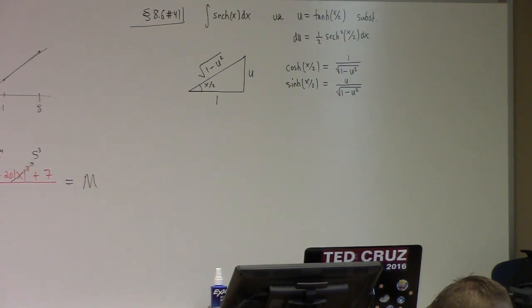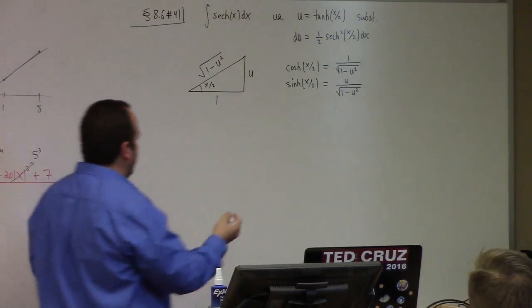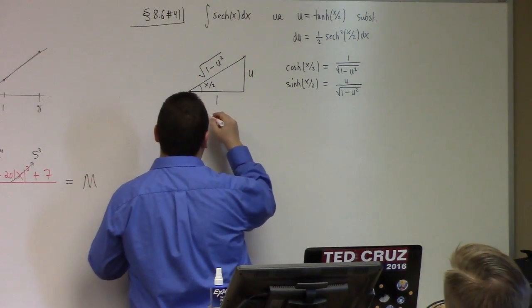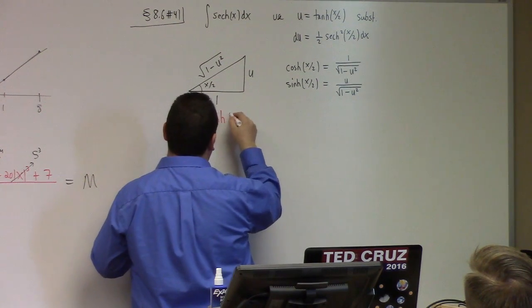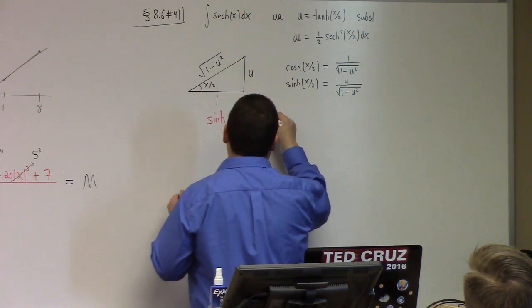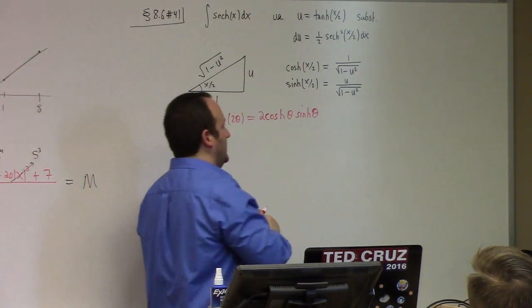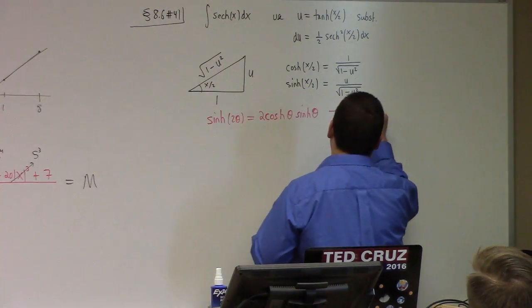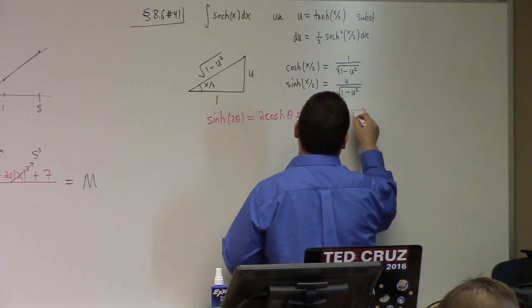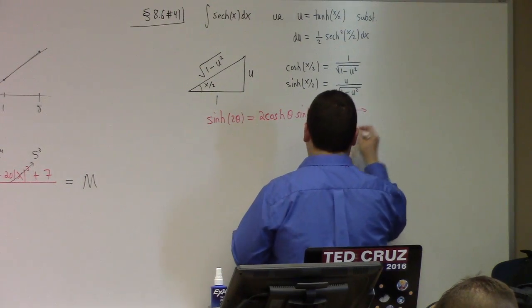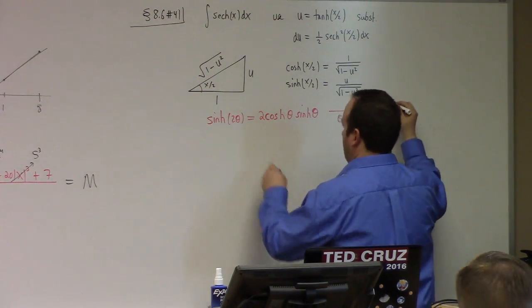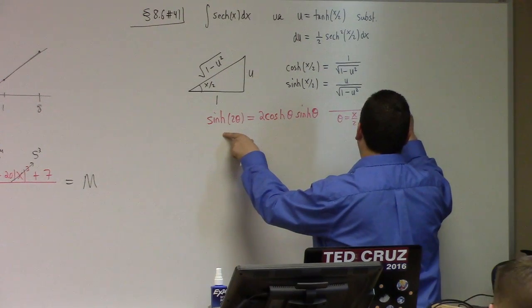So I need to figure out what's the formula for cosh x, what's the formula for sinh x. How are cosh x and sinh x related to half of x? Well, it pays to remember that we have this identity that says that sinh of 2 theta is equal to 2 cosh sinh, right? So what does that tell me? If I put theta equals x over 2, what do I get? I get sinh of x equals to what?